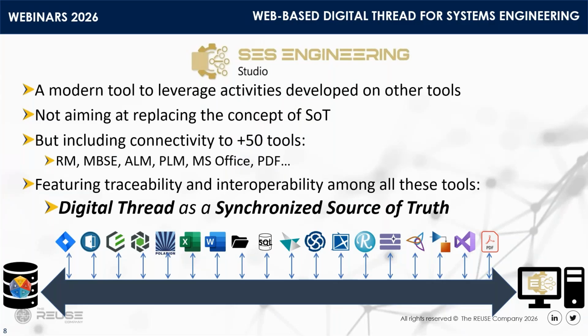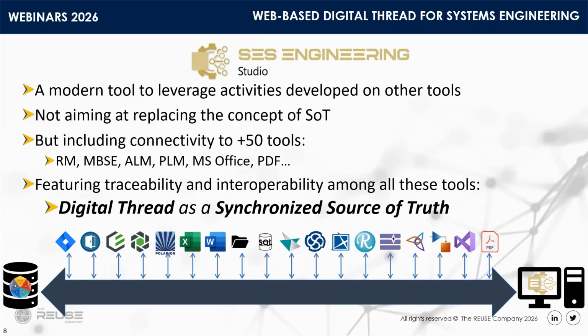The idea is to enable the interoperability and traceability among all the different assets generated and managed across this toolset in this ecosystem. So having your digital thread together as a synchronized source of truth.